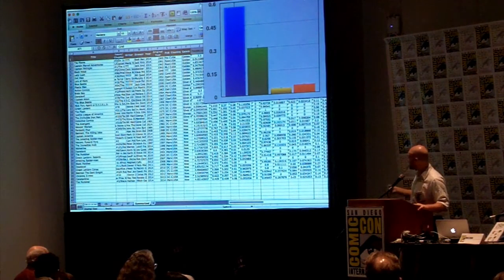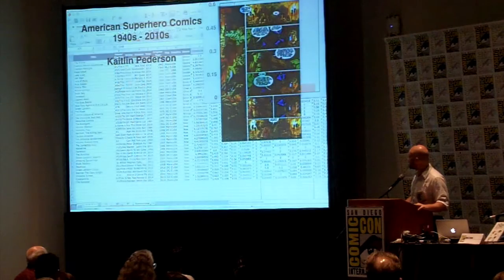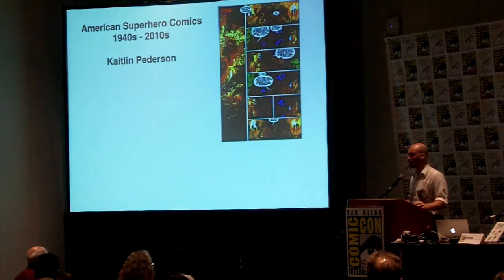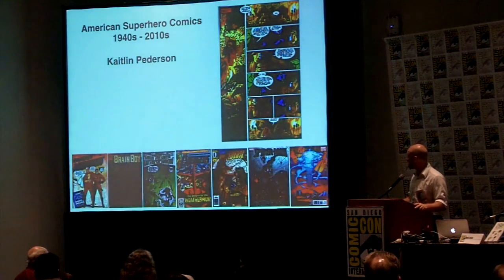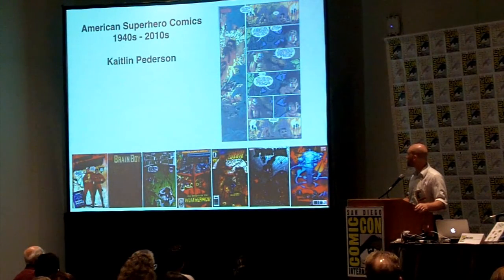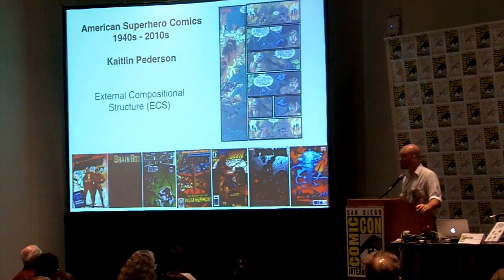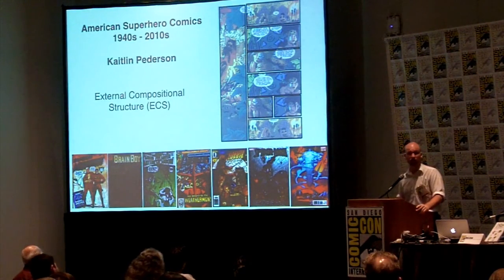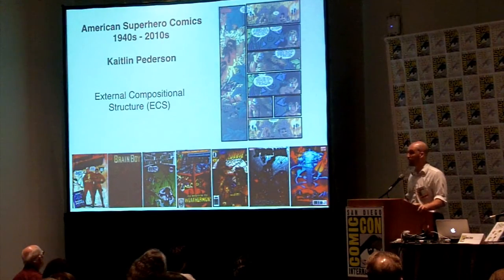This is the data set that you're going to see in the last two presentations, which looked at American superhero comics from the 1940s through the last year. What we're looking at is gradual change in structure over time. In the first presentation, Caitlin Pedersen is going to look at aspects of page layout, or external compositional structure, essentially how American superhero comics changed in the way they have page layouts.